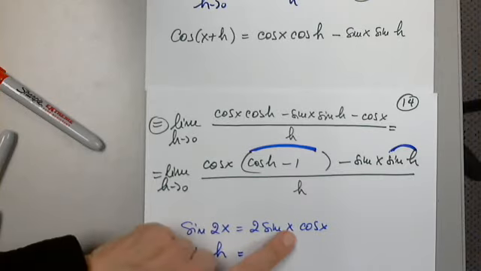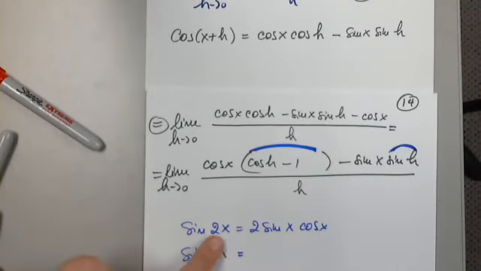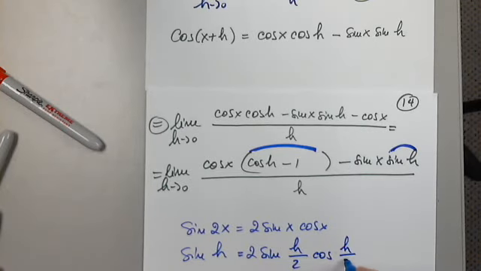So this is 2x, this is x and x. If this is h, what will this be? h over 2, because this is twice x and this is exactly. So this will be 2 sine h over 2 cosine h over 2.